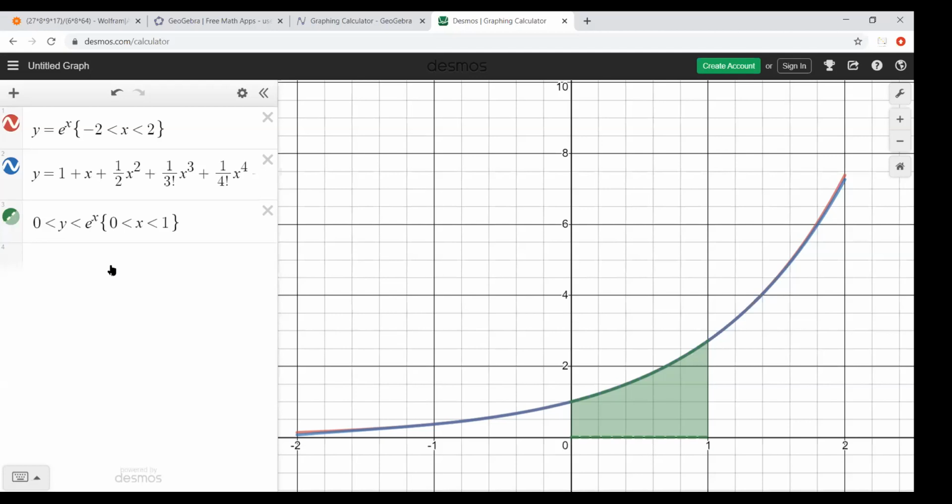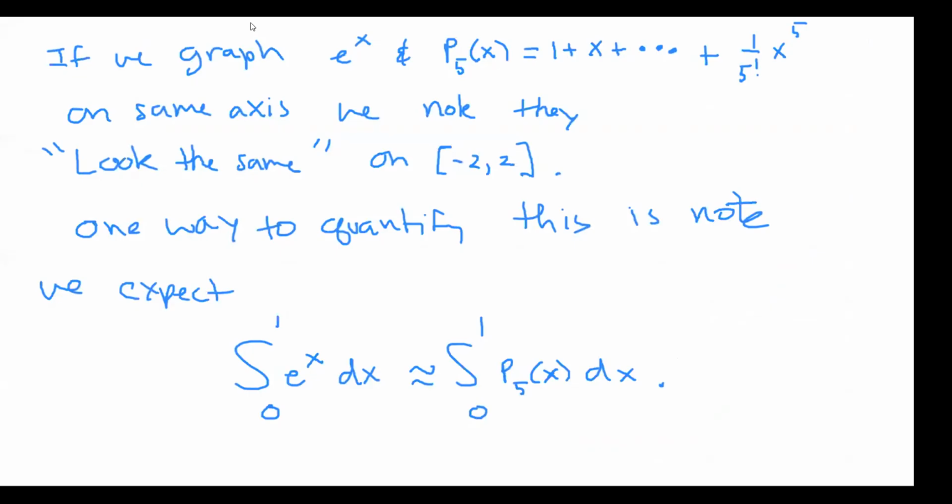So for fun, let's verify this like I asked you to do on the homework. I asked you to do this only with p sub 4, and I'm doing it with p sub 5. So if I go back to my whiteboard, we can verify this.